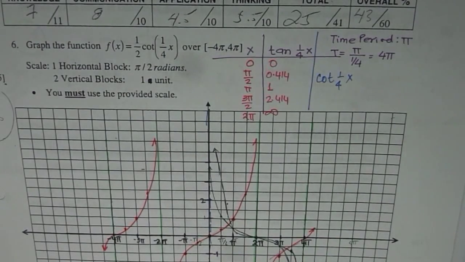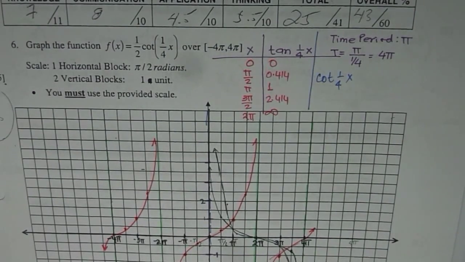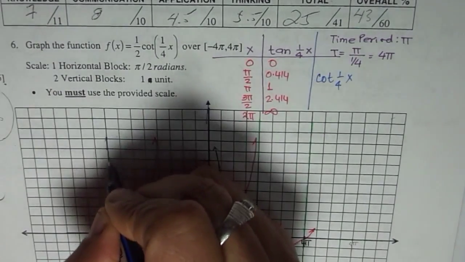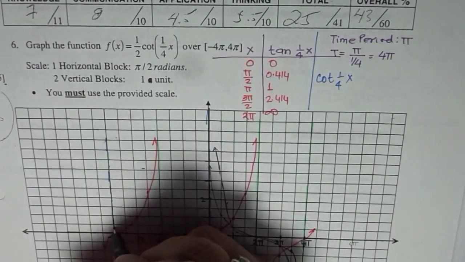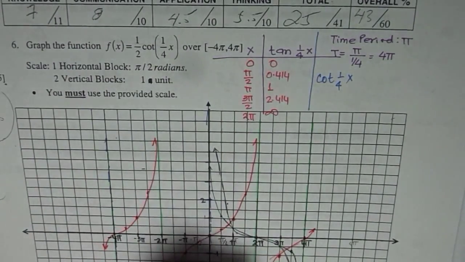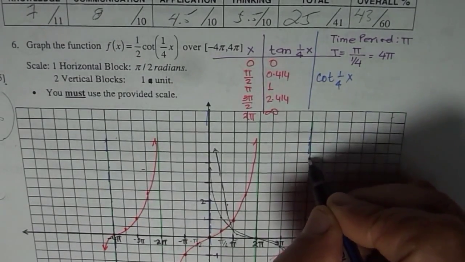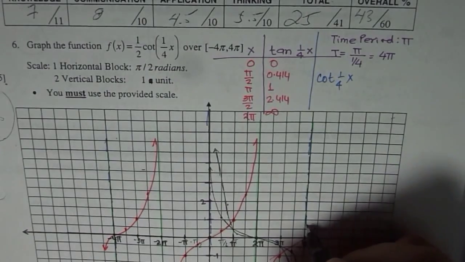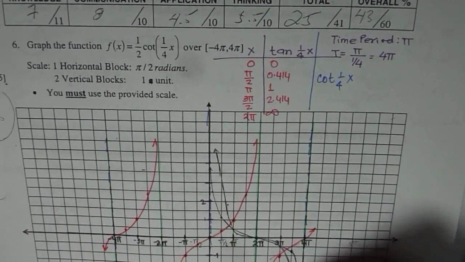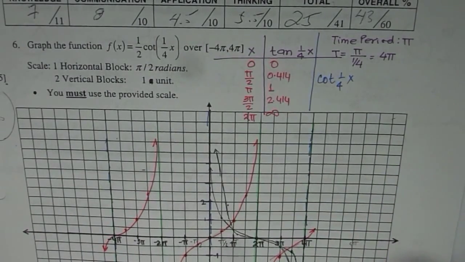I'm purposely making it on the side so that you can at least see some part of it, right? So this is my vertical asymptote, and that one is for cot 1 over 4x, okay? So all these zeros of tan will get transformed to vertical asymptotes for cotangent. Perfect.